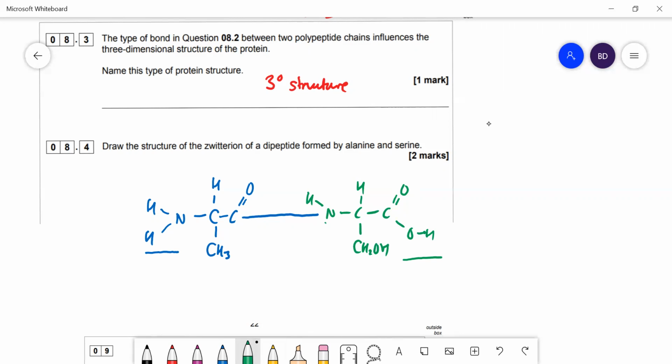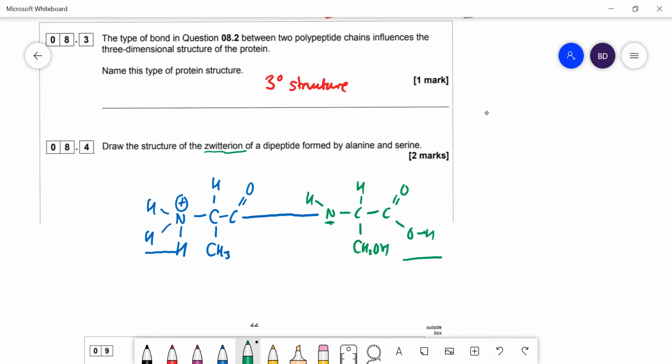But here it just says the zwitterion form. Okay, so we need to protonate any NH2 group, so we protonate that. Incidentally, that nitrogen there will not protonate. It's not a good base, because it's next door to this carbonyl group, which withdraws electrons from it. We don't need to know that, but don't worry.